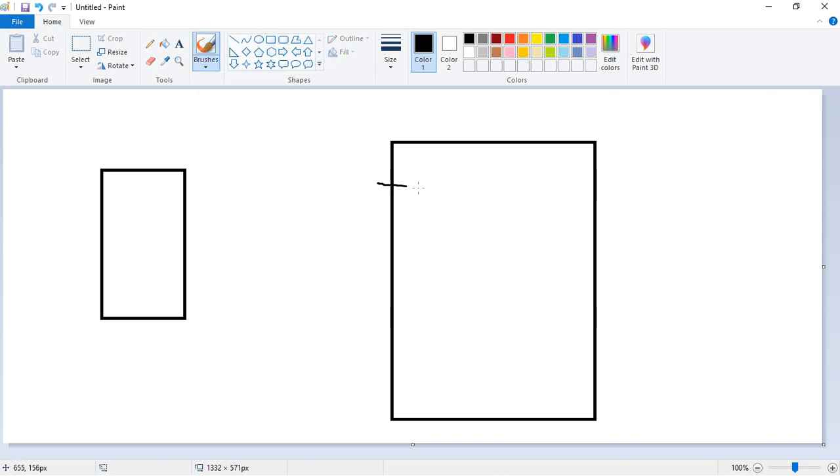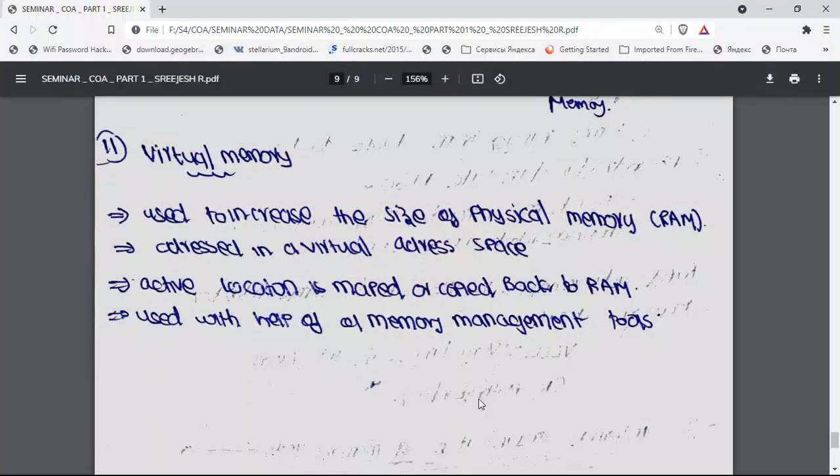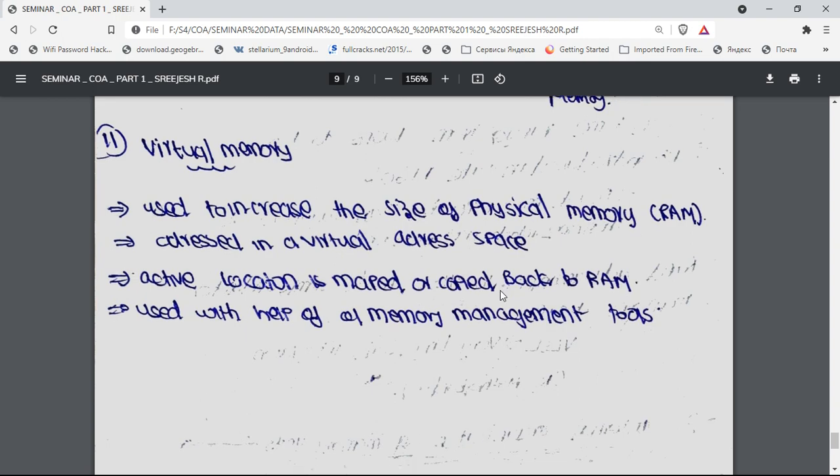So we partition some region of the secondary memory to do the duties of the primary memory, and some data will be stored there. There will be communication like this, so it will improve the performance. That's all regarding virtual memory. Even though it seems like increasing the RAM size, it doesn't physically increase the RAM size. It's virtual memory; the RAM will be mapped there, so it's memory management.